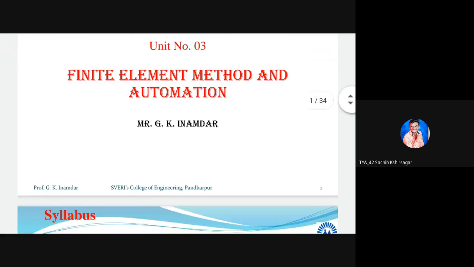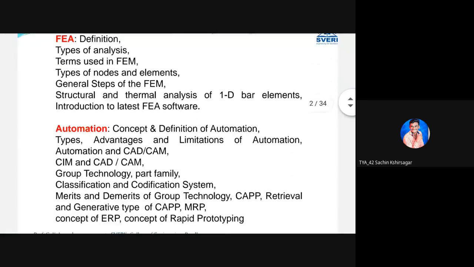I will also share the syllabus of this chapter again. We can start chapter number 3, FEA, today.